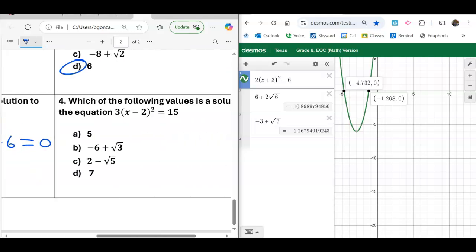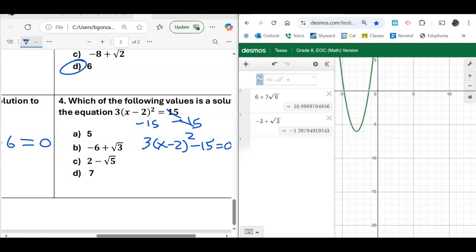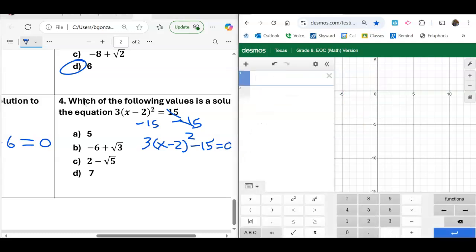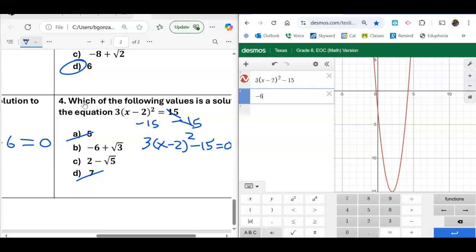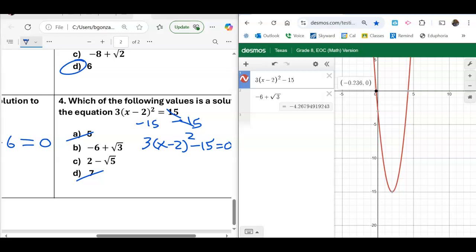Number 4. It's not equal to 0. Minus 15. 3(x minus 2) squared minus 15 equals 0. Answer choices are decimals, so it can't be 5 and 7. Let's type these in. Negative 6 plus square root of 3. Is that one of these? Now you tell me, is this the same as that?